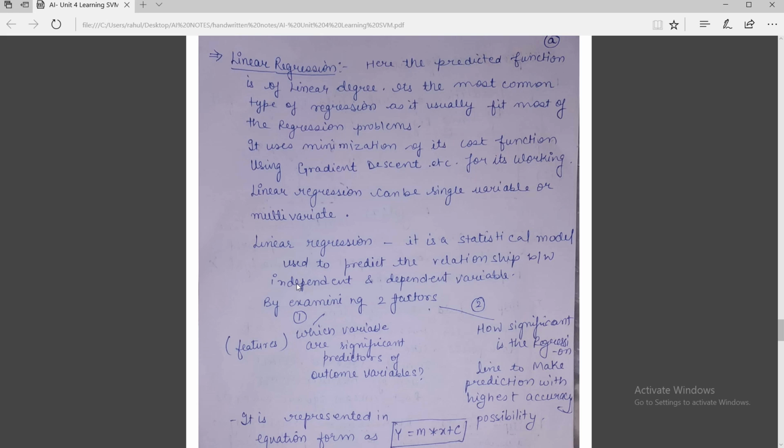Linear regression is examined by using two factors: which variables are significant predictors of the outcome variable, meaning how many features are affecting the outcome variable, and how significant the regression line is to make the prediction with the highest possible accuracy. This will help us to predict what type of linear regression we are generating.